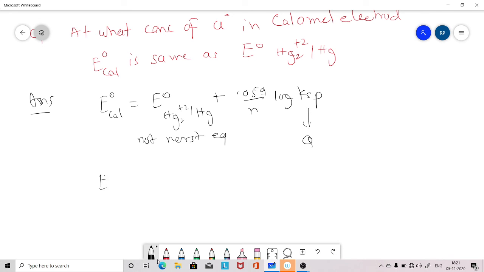So we will write E naught of calomel equals E naught of Hg2 2+ to Hg plus 0.059 upon n log Q. Q here is chloride ion whole square.